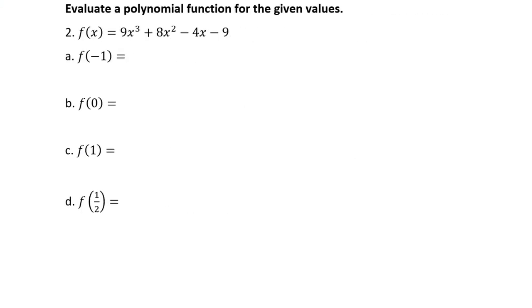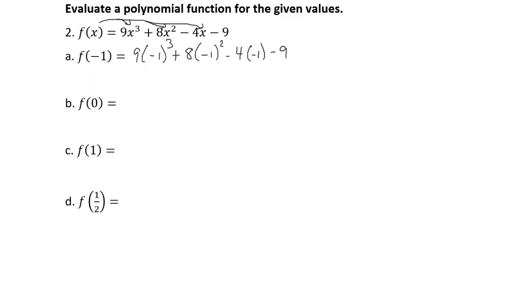All right, so we're going to evaluate this polynomial here. Plug in there, plug in there, and plug in there. So that's 9 times negative 1 cubed plus 8 times negative 1 squared minus 4 times negative 1 minus 9.